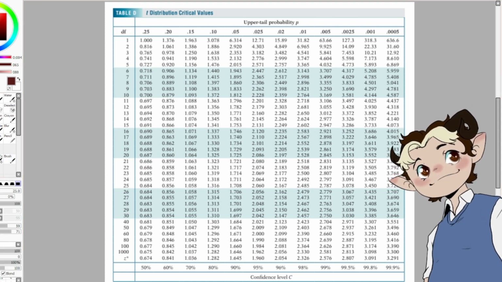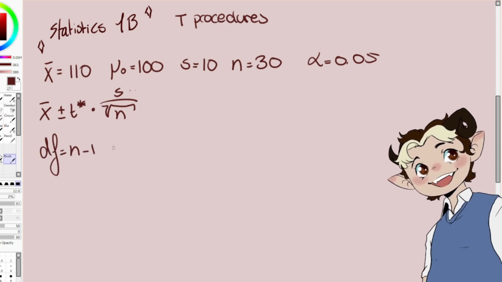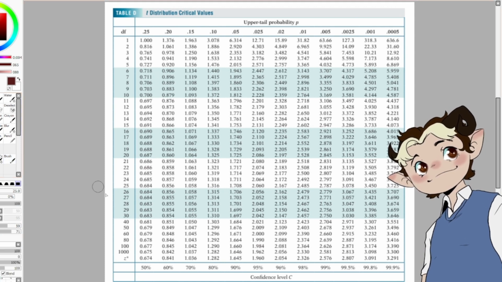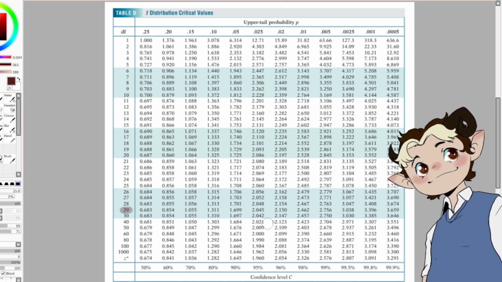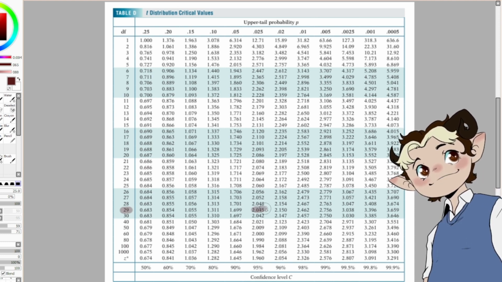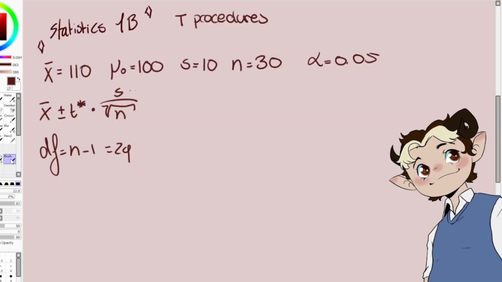Well, we got that degrees of freedom still, which is n minus 1 is 29. So let's look at 29. And if we want to have a 95% confidence interval, it's over here. We just look at that. There we go, 2.045.